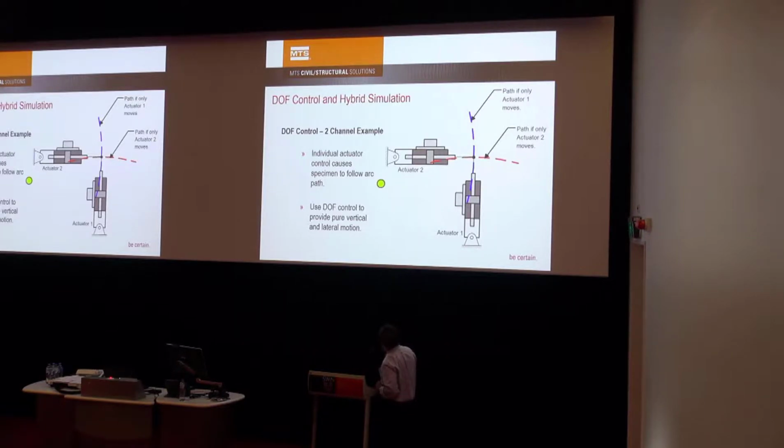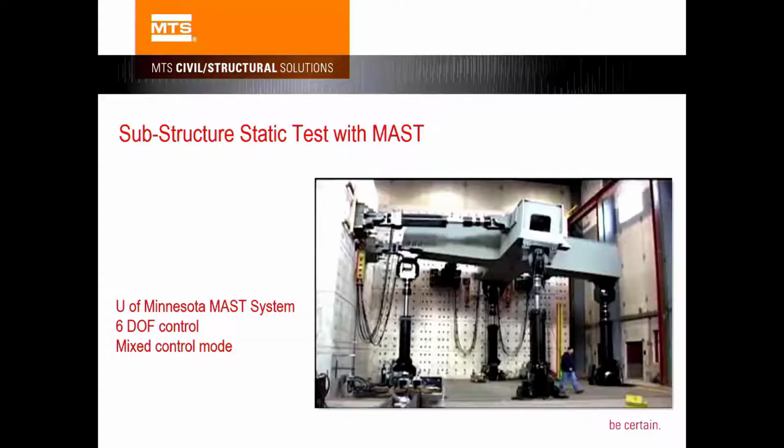Degree of freedom control means you control the motion or force in the global coordinate system accurately, and there's no cross-coupling effect. For example, the MAST at Swinburne University has degree of freedom control software. It has 8 actuators controlling 6 degrees of freedom in the global coordinate system: XYZ translation and XYZ rotation.